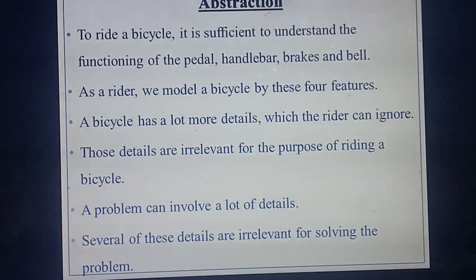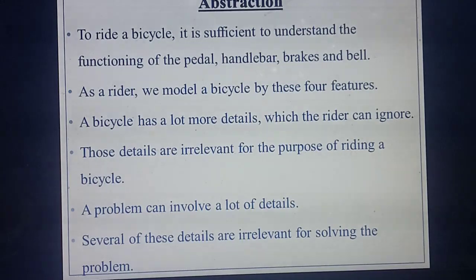In the same way, if you are going to learn to ride a bicycle, a lot of parts will be there. If you are to learn a bicycle, which are the 4 important things you need to know? You should know the function of the pedal, the handlebar, the brake, and the bell. These are the basic, common, important things.